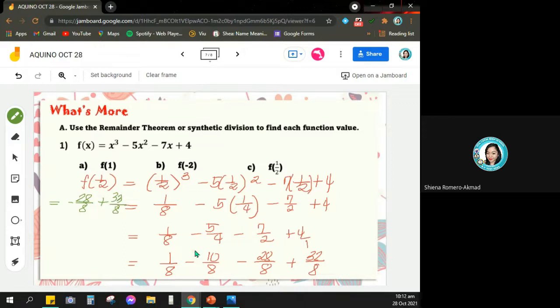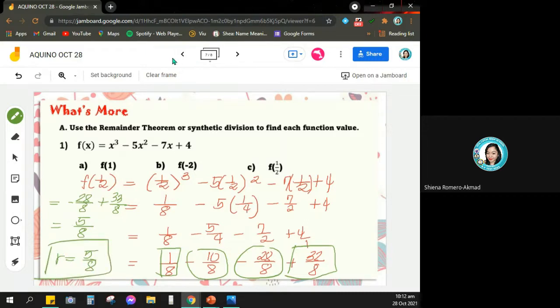So, lahat ng negative, pinagsama. Lahat ng positive, pinagsama. Okay? So, negative 28 plus 33, that is positive 5 over 8. So, ibig sabihin, the remainder na lang. The remainder is 5 over 8.